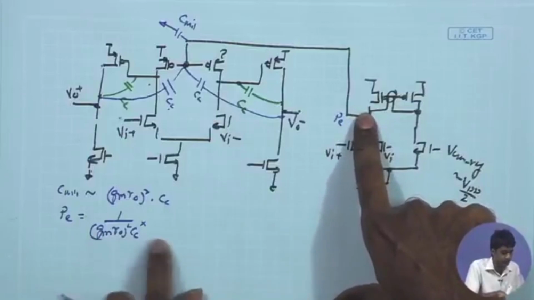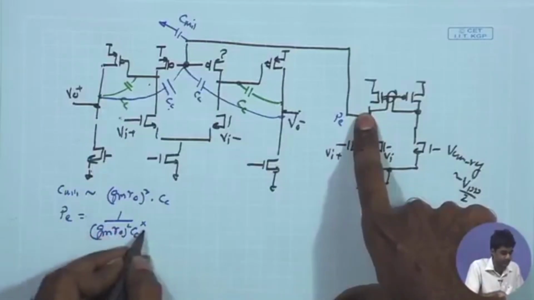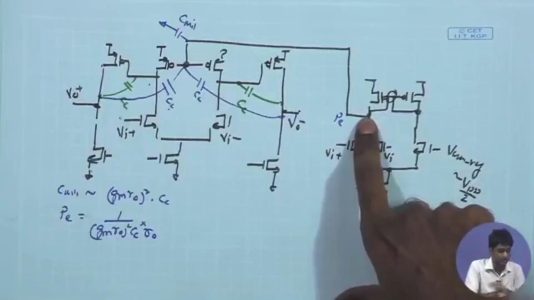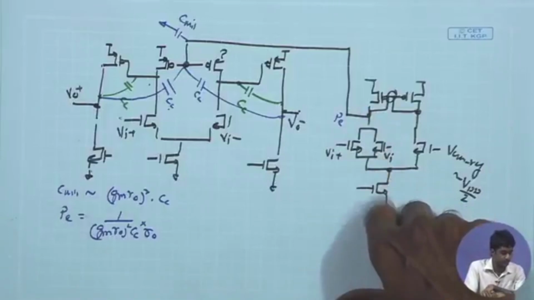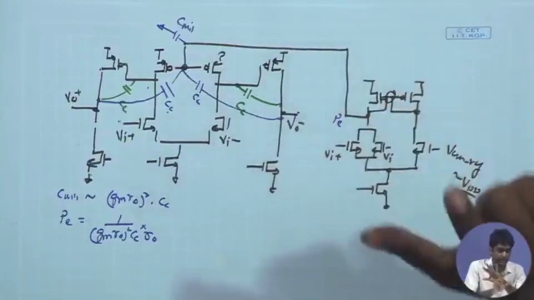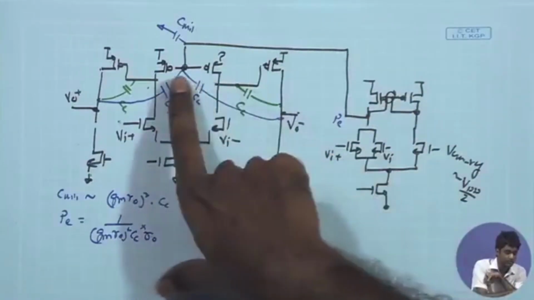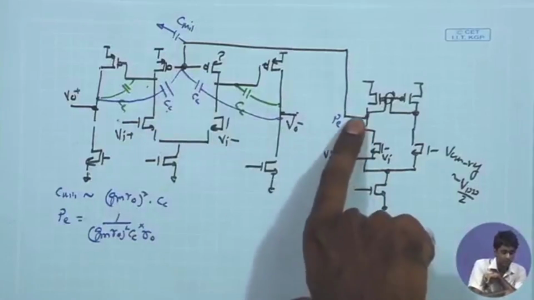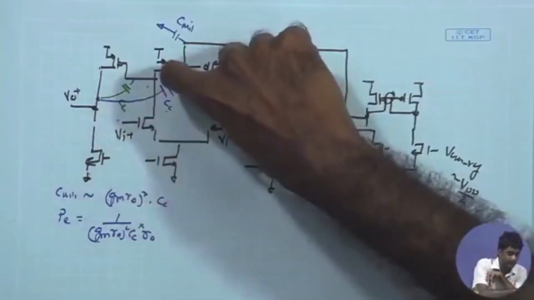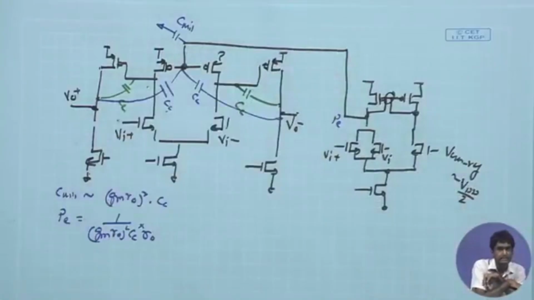So, the pole of the order of GmRo square times CC times Ro can be pretty small, it can push the pole towards low frequency, so it can help us in achieving better compensation expectedly. At a higher level, it can push the pole at P towards lower frequency because of the larger Miller multiplication achieved by CC.